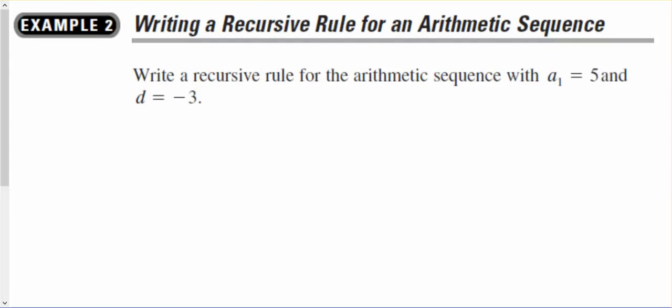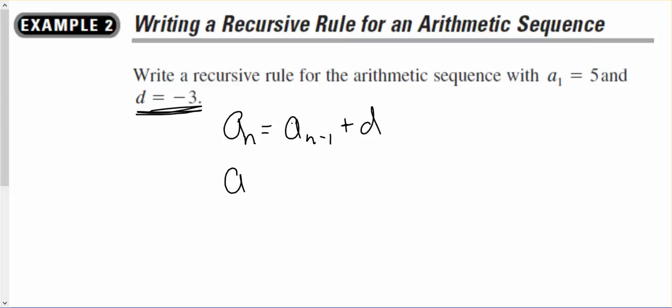Writing a recursive rule. So our general form for our recursive rule is a sub n equals a sub n minus 1 plus our common difference. So what do we need to know here? All we need to know is our common difference here.